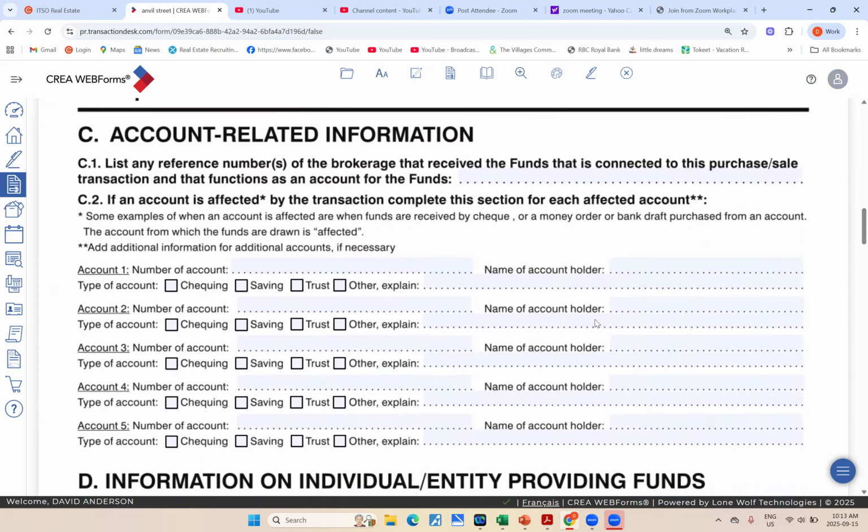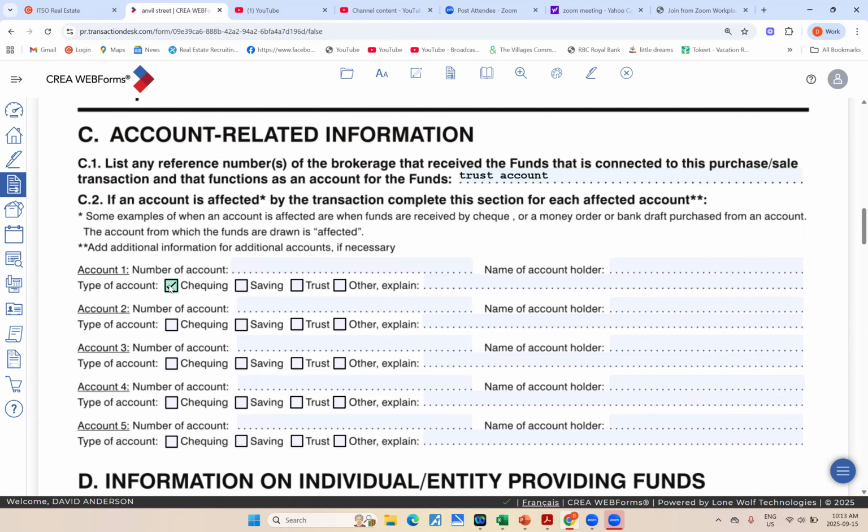So we go on to C, and C1 says, list any reference numbers of the brokerage that received the funds that are connected to this purchase and sale transaction that functions as an account for the funds. And if an account is affected by the transaction, complete this section for each affected account. So we put in here the trust account, and we want to put in that the account that the check came from is here.